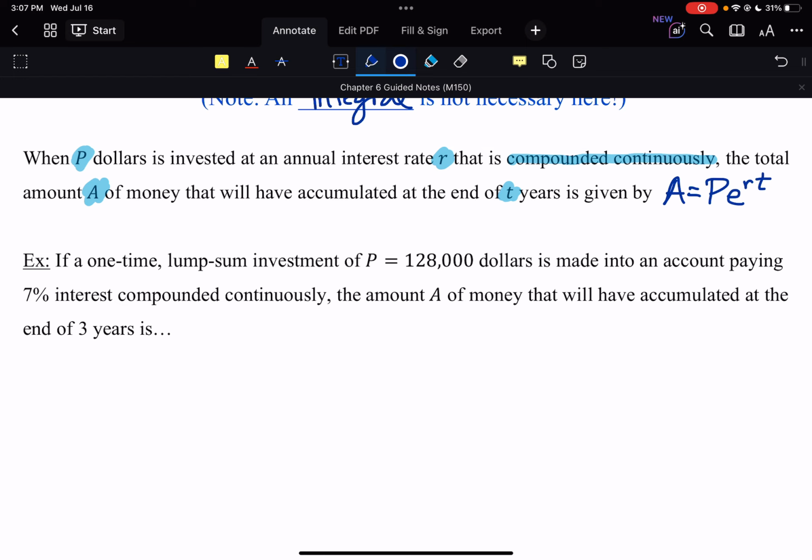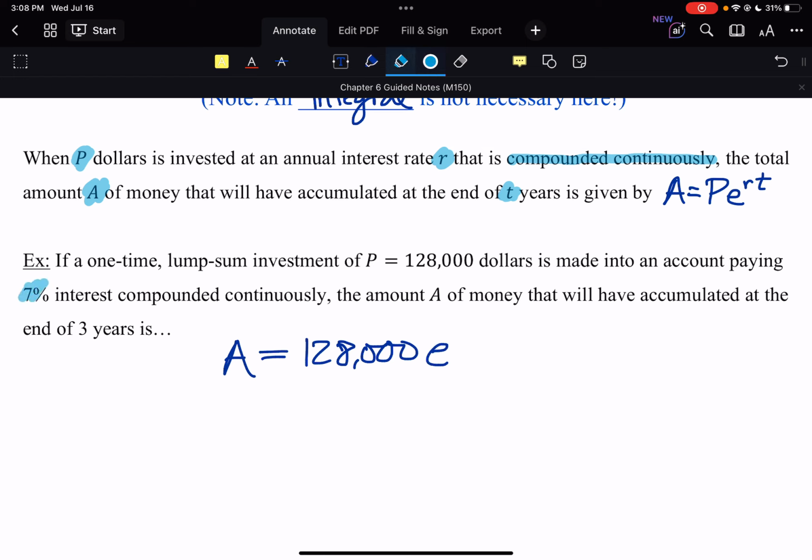If a one-time lump sum investment of $128,000 is made into an account paying 7% interest, compounded continuously, the amount of money that will have accumulated at the end of 3 years is A equals 128,000 times e to the RT.